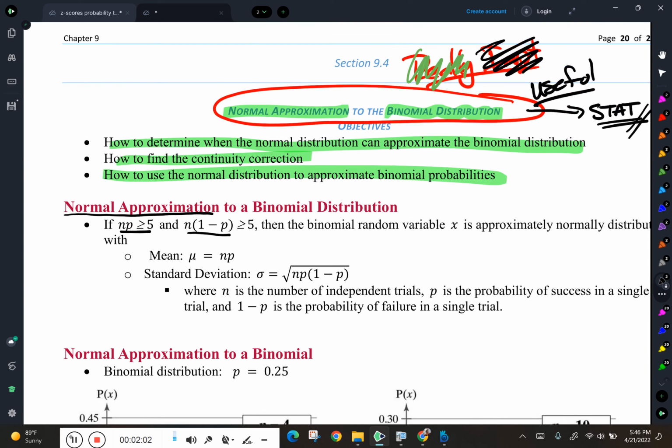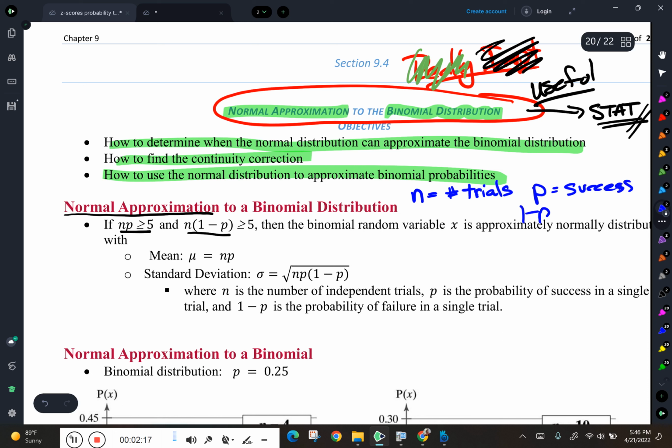So just to review really quickly, n was the number of trials of your binomial, and p was the probability of success. So then 1 minus p was the probability of failure.